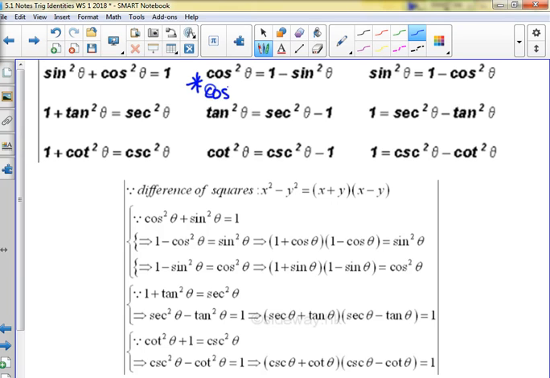That also means cosine squared equals, could you factor 1 minus sine squared? 1 minus sine times 1 plus sine. Okay. All right, what about a negative one? What if it said negative sine squared of theta? What could you trade that out for?